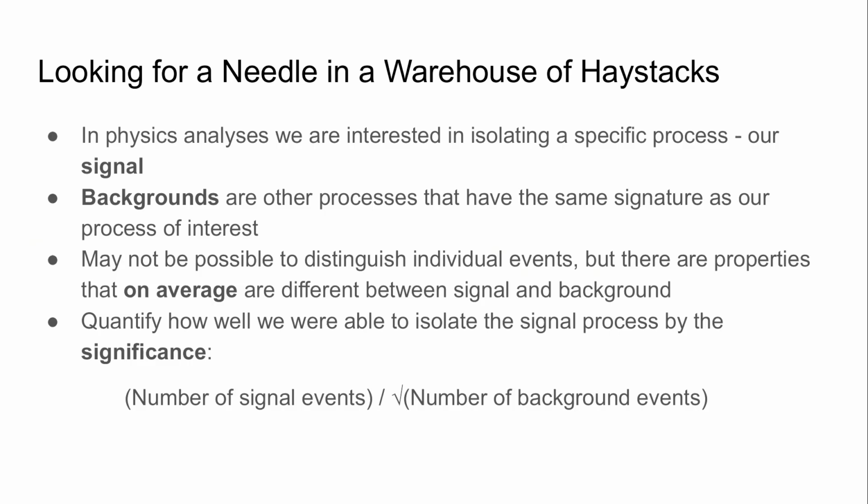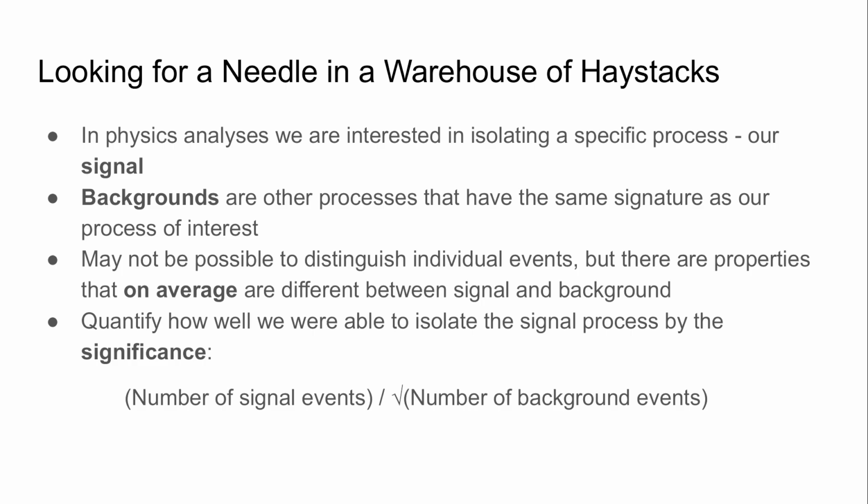So this is the problem that we're dealing with. It is very much a case of looking for a needle in a warehouse of haystacks, as I believe Tristan likes to say. So this is actually recapping what we were just discussing, where in physics analyses, we are often interested in isolating a particular process that we call a signal.